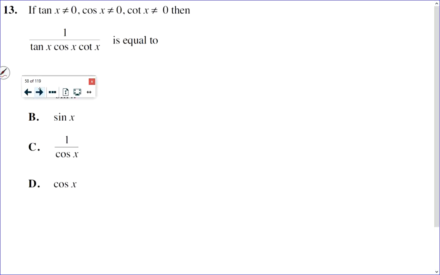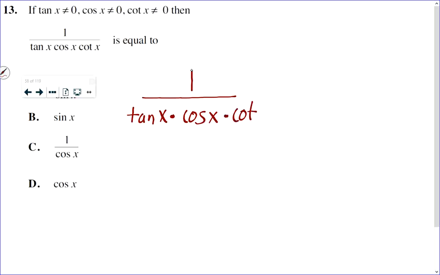I want to talk now about the fact that everything is being multiplied. I hinted at that a minute ago: if things are being multiplied, you can feel free to cancel.